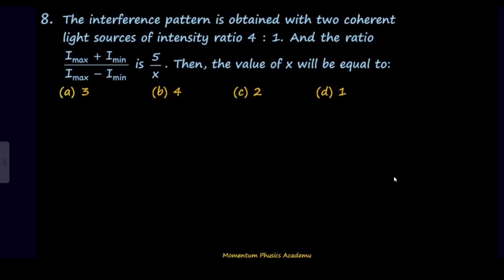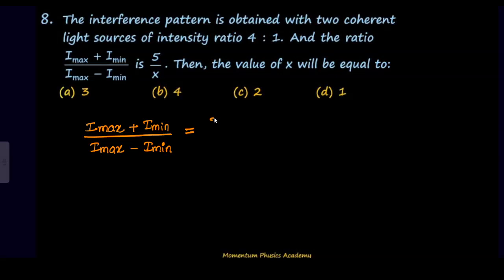The interference pattern is obtained with the two coherent light sources of intensity given 4 is to 1, and the ratio (Imax plus Imin) by (Imax minus Imin). Just now we have seen this relation, that is (Imax plus Imin) by (Imax minus Imin), which is equal to what?